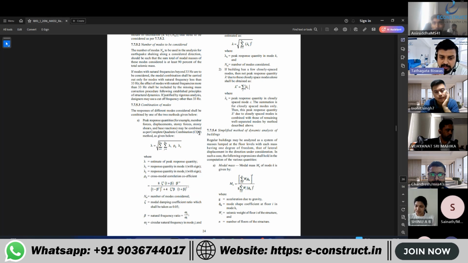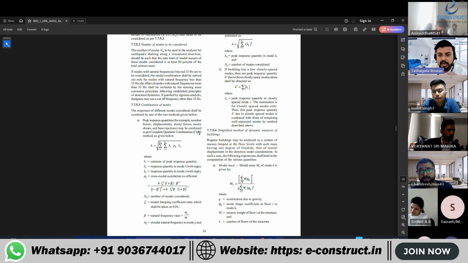So that aspect is also considered through the CQC method. It will give you a little higher side, because it calculates certain extra moments or extra coupling effects between the modes. But if the modal shapes are distinct by 10% difference between modes, then SRSS will give you the best results because it considers only individual mode behavior.